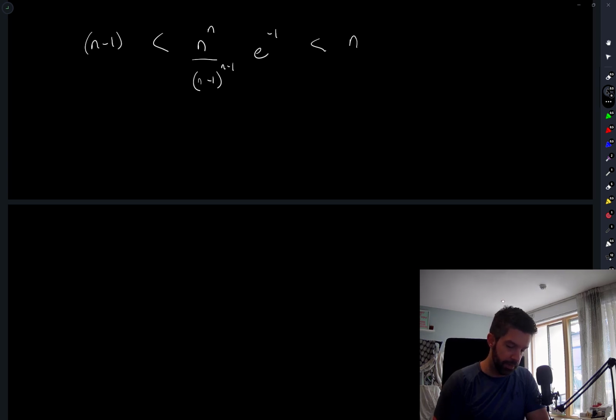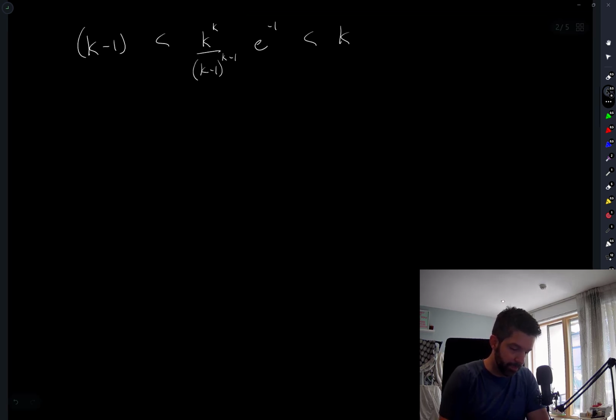So another way that I'm going to see that, what I'll do is I'm going to replace n with k everywhere. And now I'm going to introduce the product notation. So this is essentially doing what I said I was going to do.